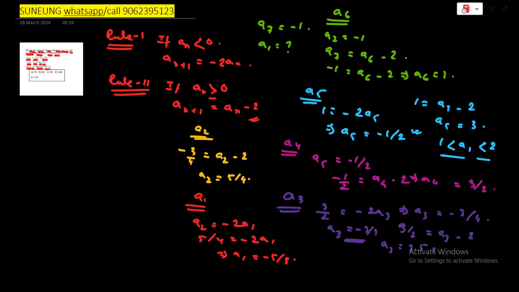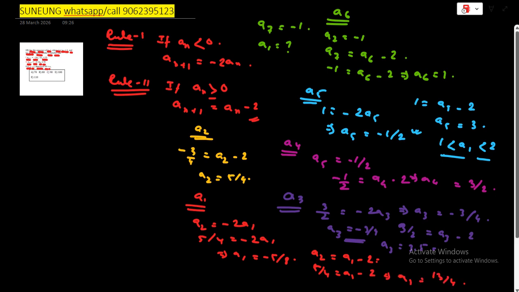So is a_2 equal to a_1 minus 2? So 5/4 equals a_1 minus 2. So a_1 will be 13/4. See, still it's too big. 13/4 is 3.25. Wait. So let's retrace.